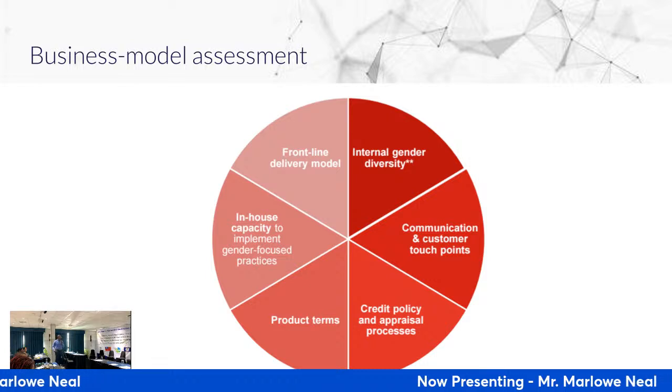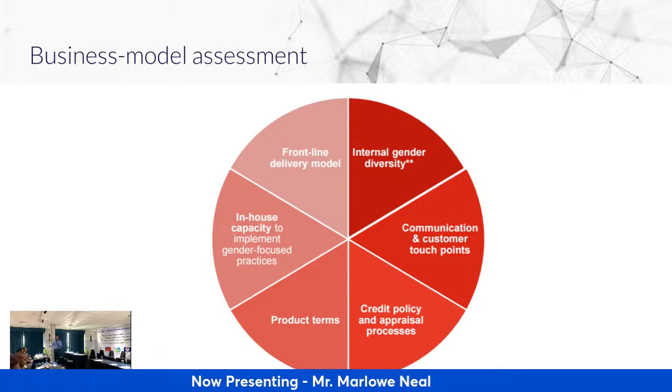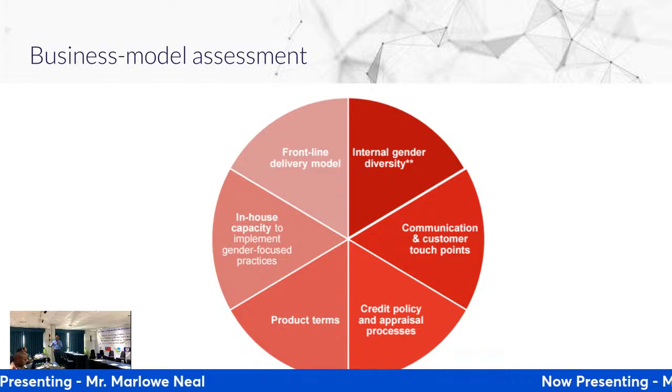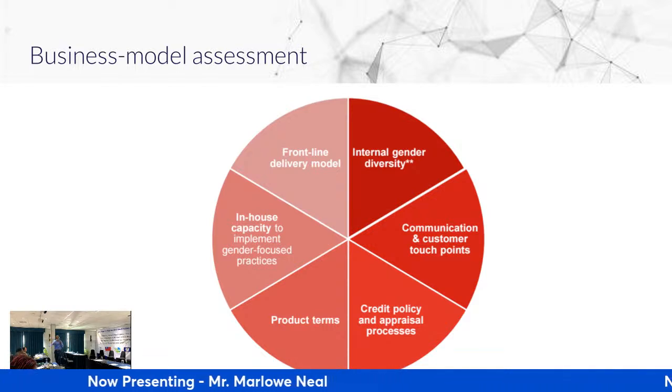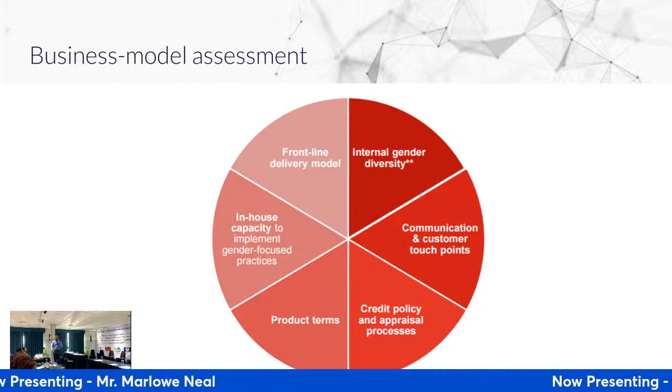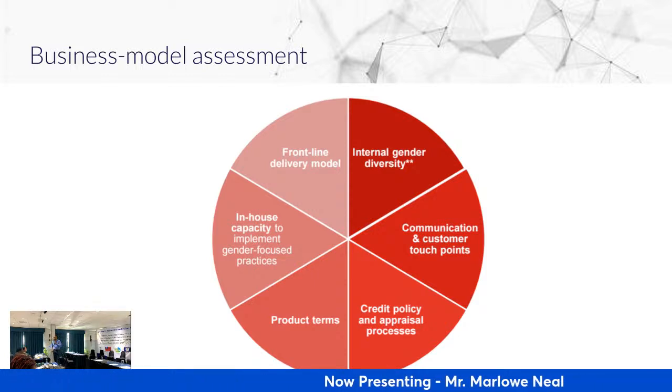So in terms of your customer touch points, in terms of who women are approaching in the institution and whether your frontline staff is actually sensitized to what your policy is saying and the products that you're offering, you need to ensure that when you do your business model assessment, those touch points actually are aligned with the policies and your goal of financial inclusion for women.